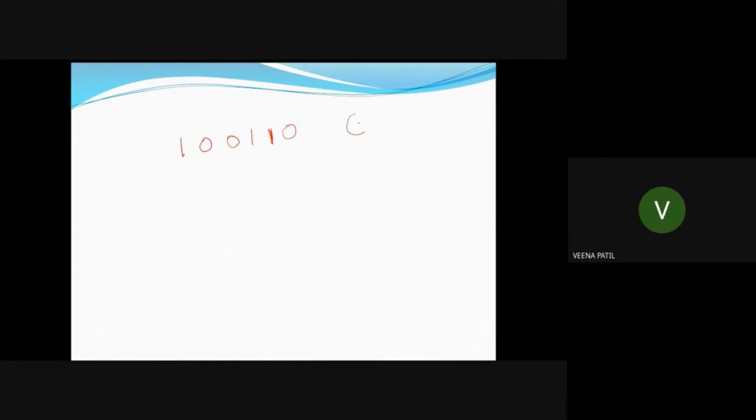This number stands for minus 26. Now you try to record this and tell me the final answer. What recoded multiplier are you going to get? You just try it in your notebook and tell me. 1 0 0 1 1 0.